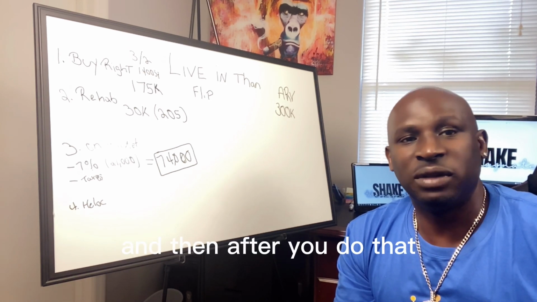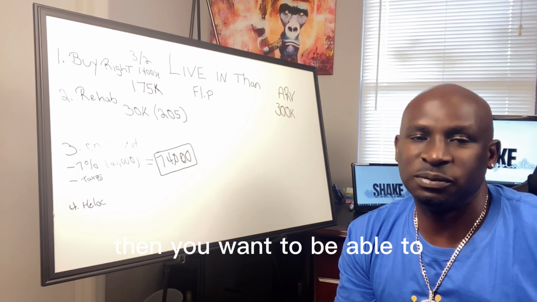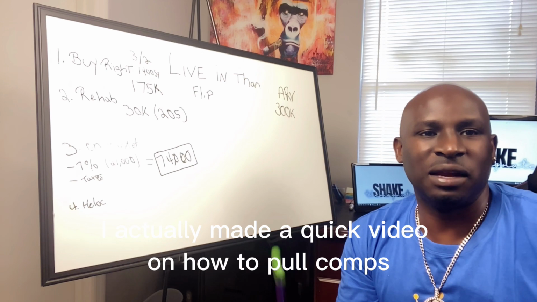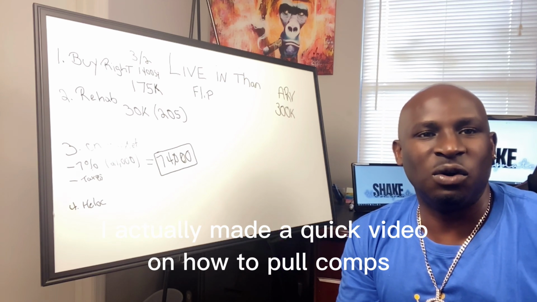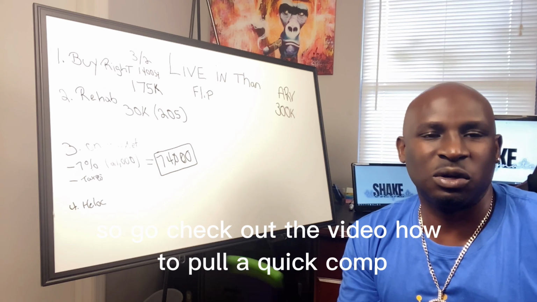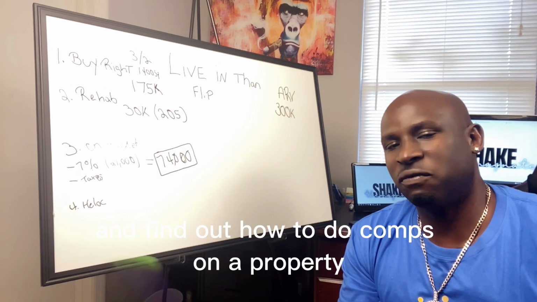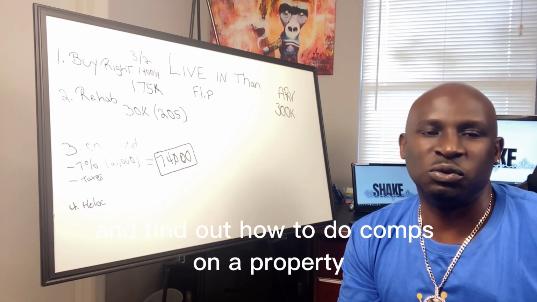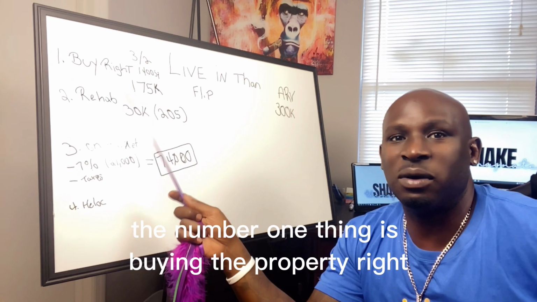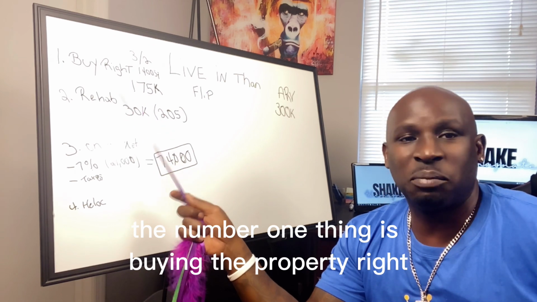And then after you do that, you want to know how to pull the comps. I actually made a quick video on how to pull comps, so go check out that video, or go on YouTube and find out how to do comps on a property. Because that's the number one thing: buying the property right.